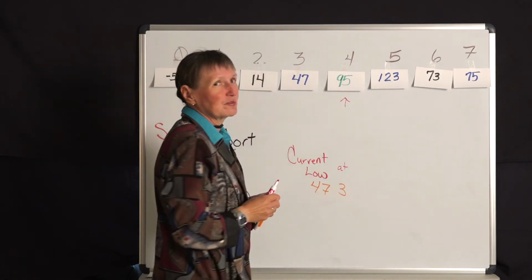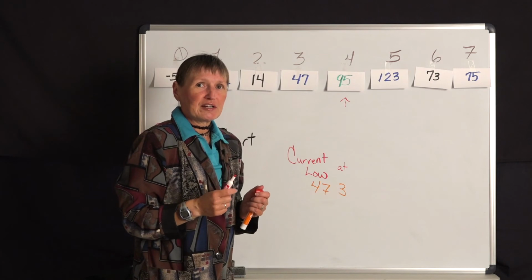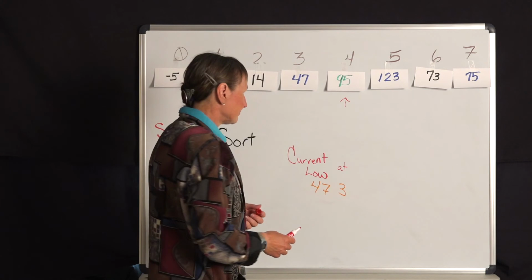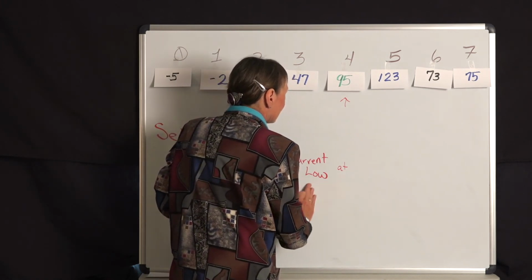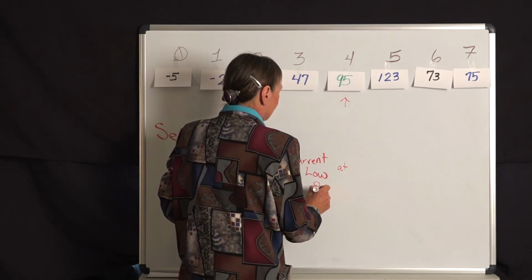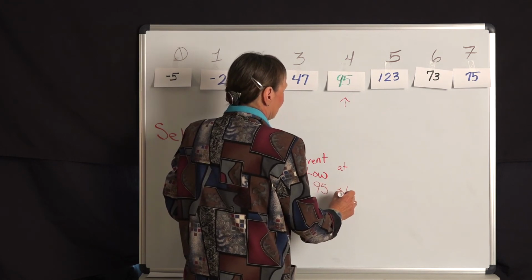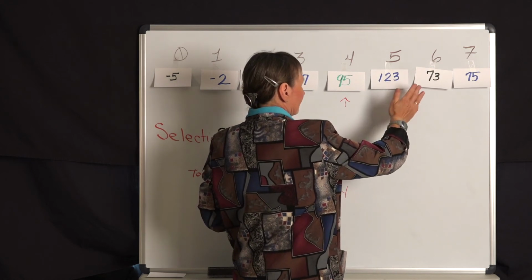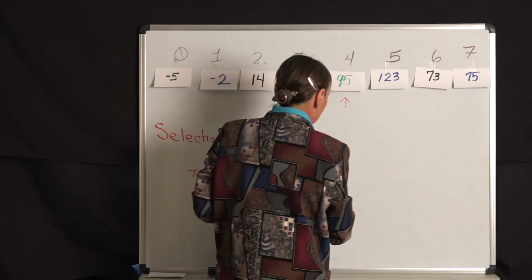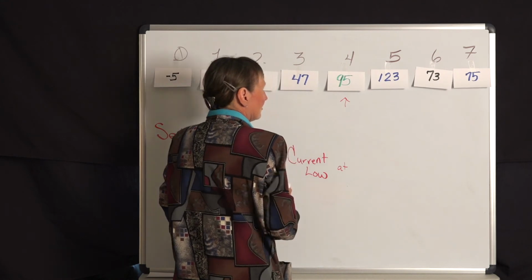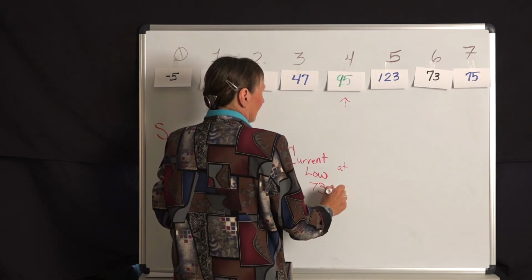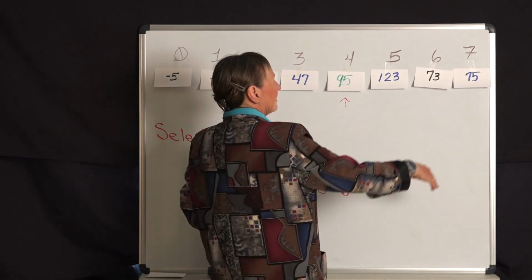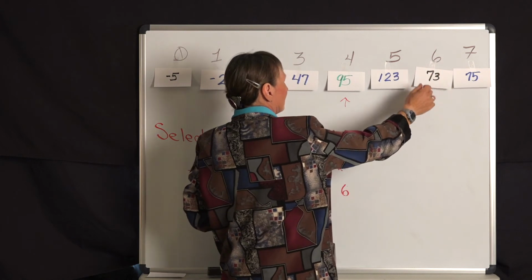Note each pass that we go through, the less number of comparisons that we have to do, and basically our list gets shorter. So our next time through here, we're going to start off with 95 at location 4. 123 remains there. 73, it now changes to 73 at location 6. And 75, okay, this is our winner.